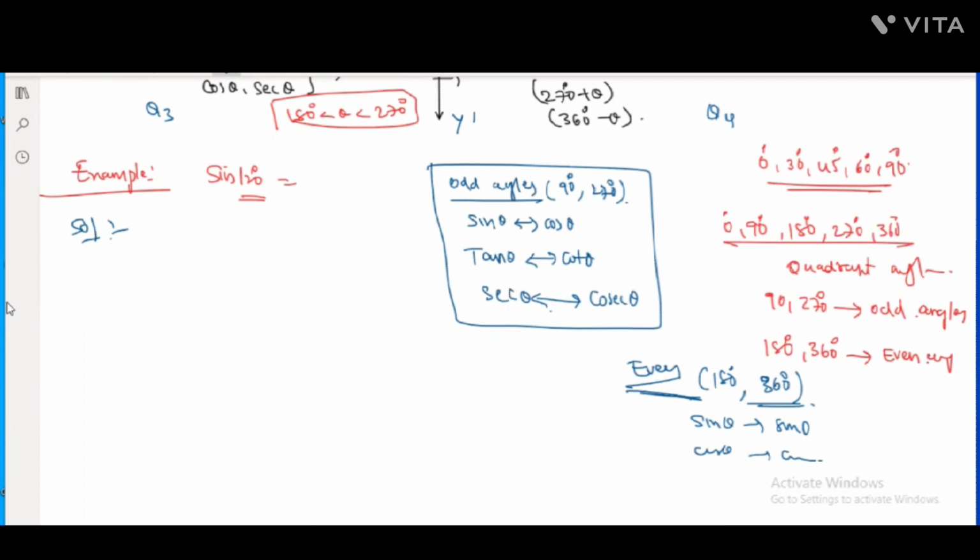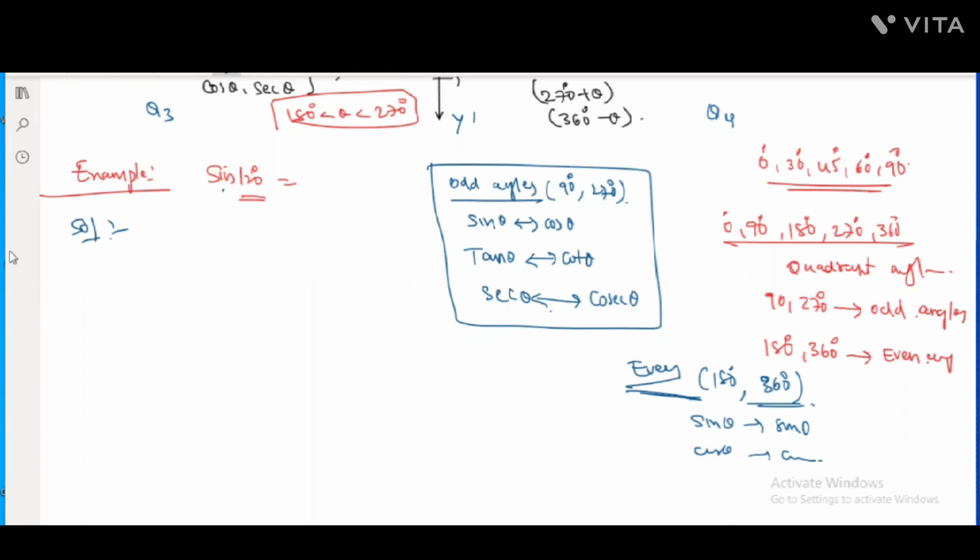Then there will be no confusion. If by mistake, when taking odd angles, you forget to change sine to cos or tan to cot, then your answer will change. So it's better to always change to the nearest even quadrant angle.